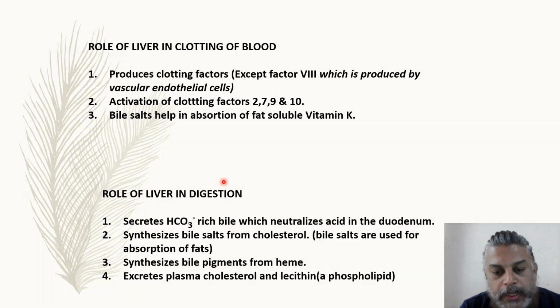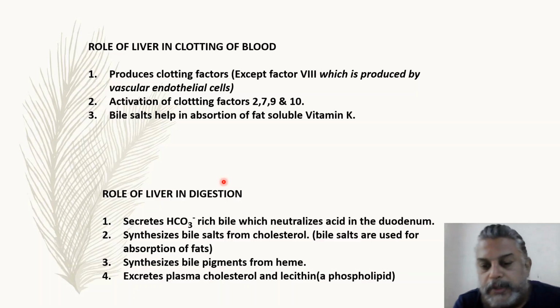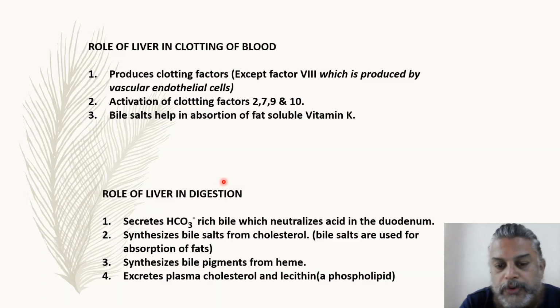A lot of acid comes from the stomach, and if it comes into the duodenum, it will not activate the enzymes, because the major pH for activation of enzymes is alkaline. So this bicarbonate is required in large amounts.